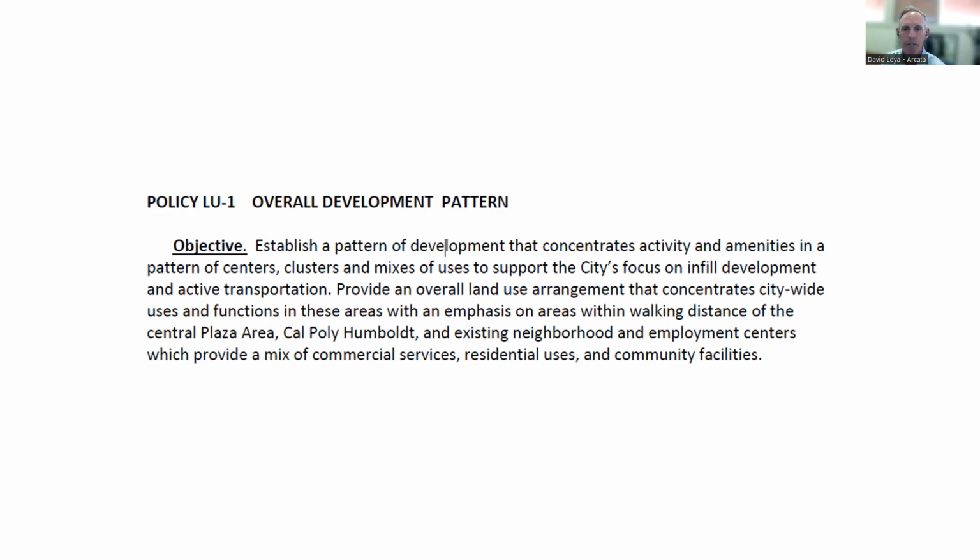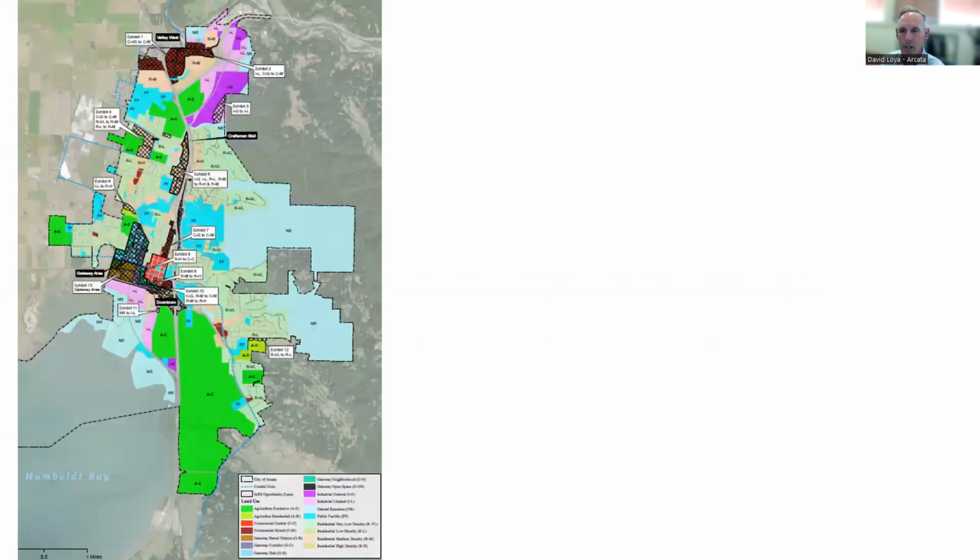The important figure in the land use element is the land use map. This establishes the designations that identify those land uses. What I'm showing you here is the proposed amendment map that identifies the prior zoning or land use designations, if you will, and the proposed future land use designations.